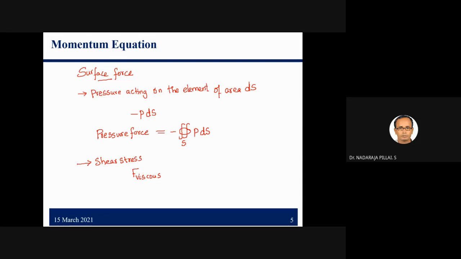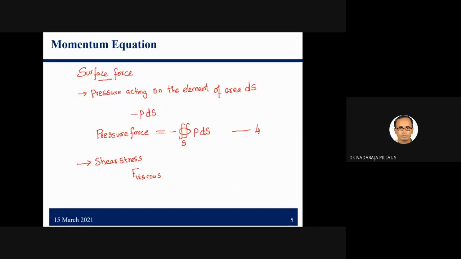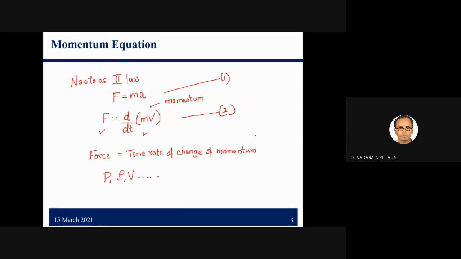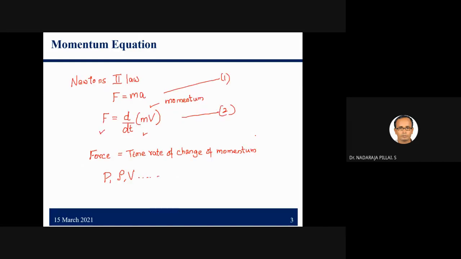So if you consider the equation, this equation is probably the fourth equation. So F is equal to ma, and the rate of change of momentum is directly proportional to the force. In the force point, that is only the left hand side equation we have taken.